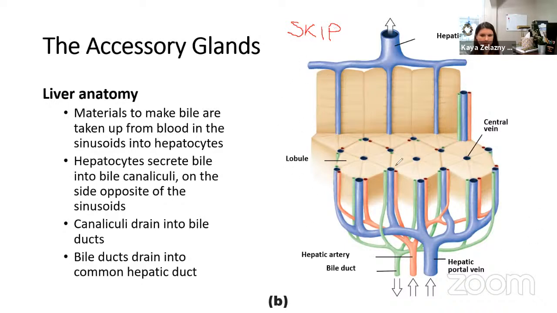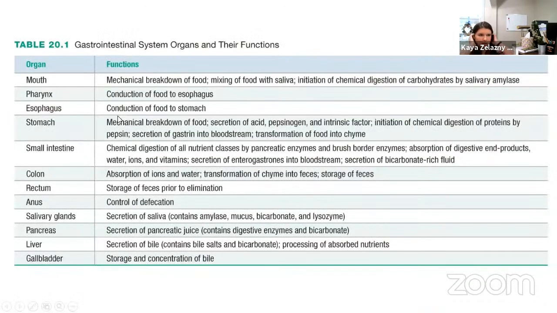So don't worry about learning this microscopic anatomy inside the liver here. Okay, so here is just a slide from your textbook. This is an overview to help you study exactly what is happening functionally in each of these organs.